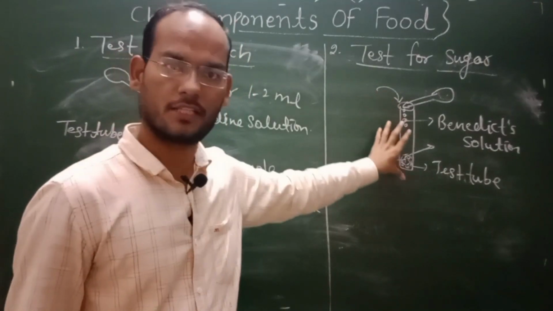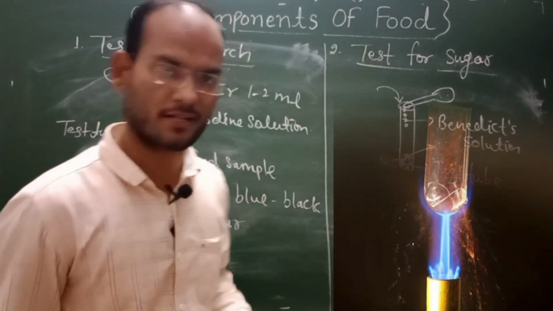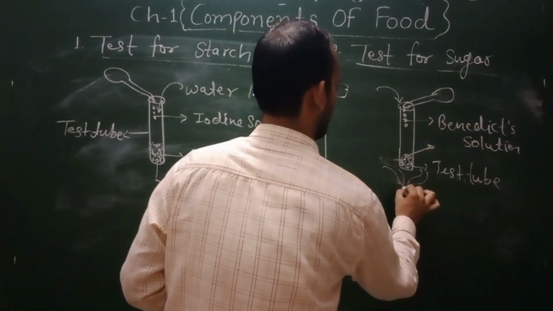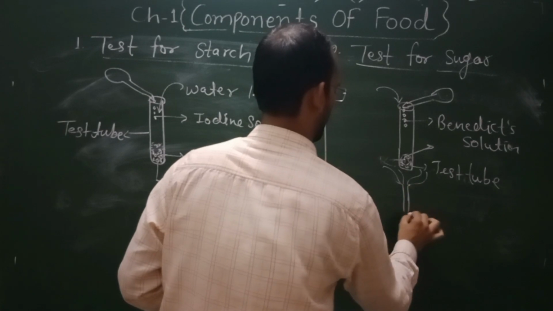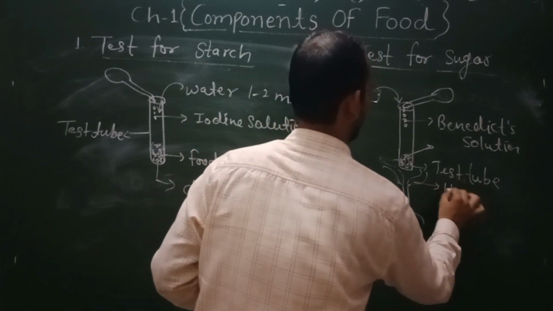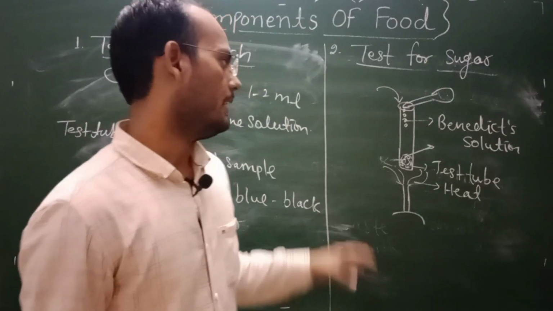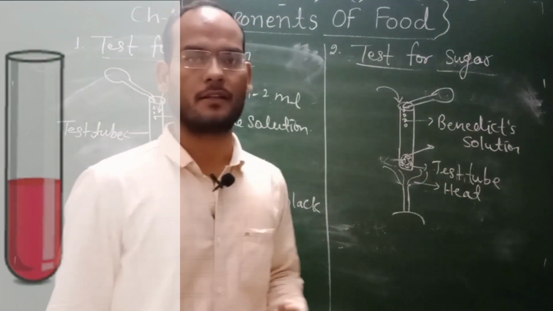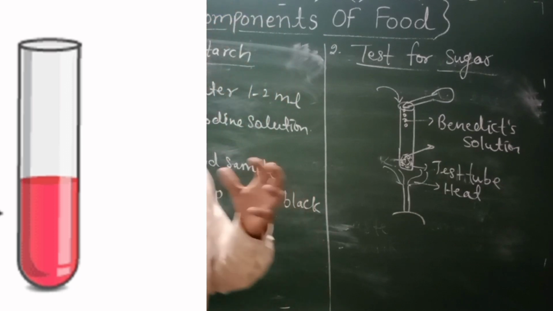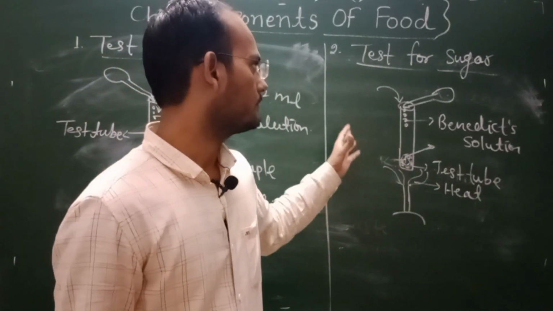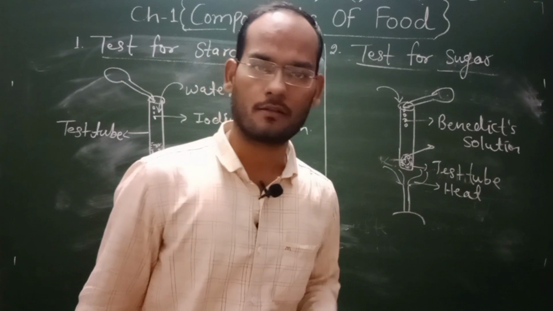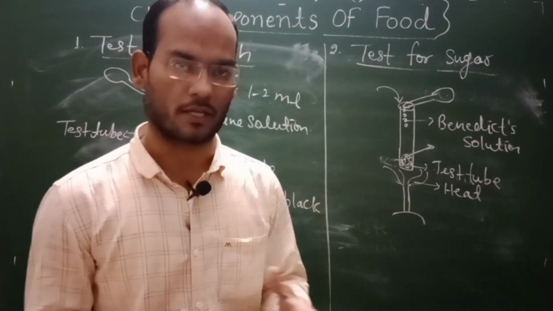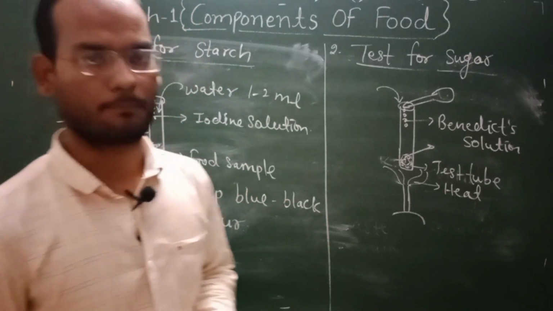Heat this solution over a burner, and if the solution gives a red orange color, it shows the presence of sugar in the given food sample. So in this way we can test for sugar in a given sample.